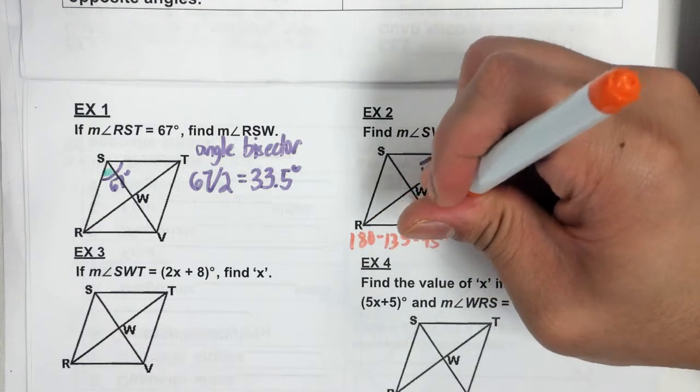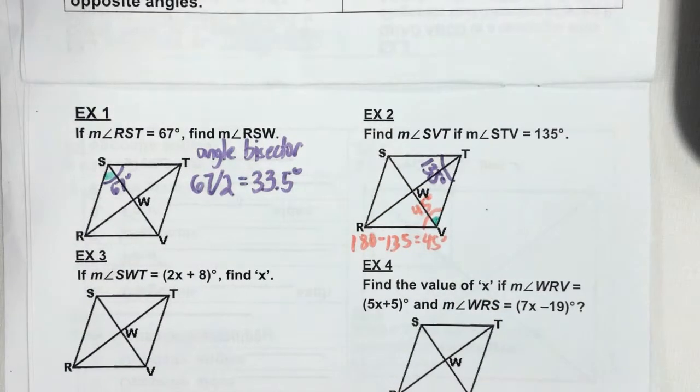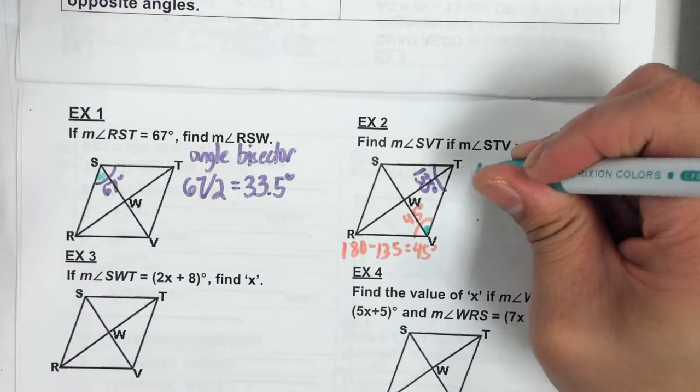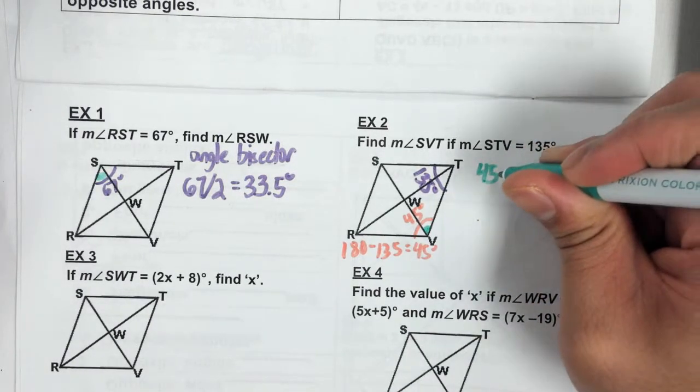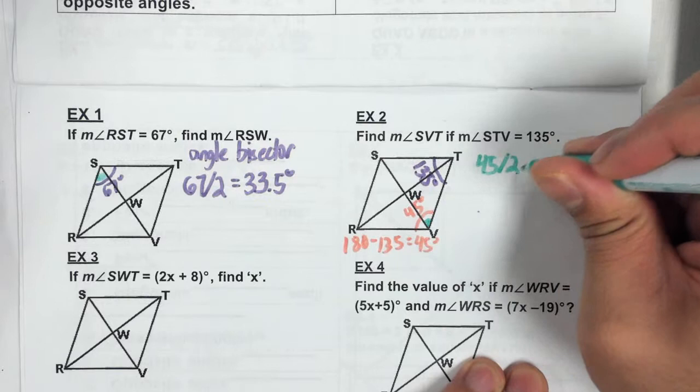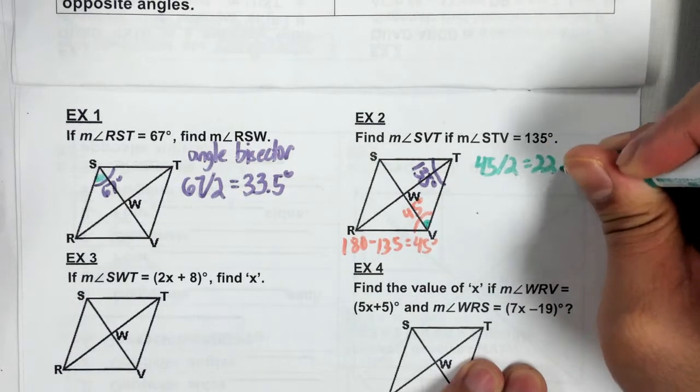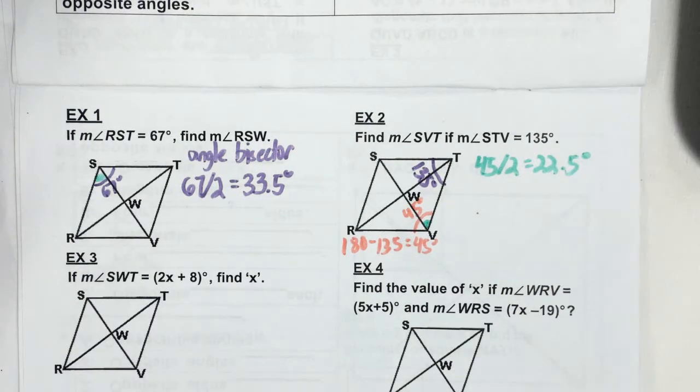This whole orange angle is 45 degrees. And then because we have an angle bisector, we can do 45 degrees divided by 2, which is 22.5 degrees.